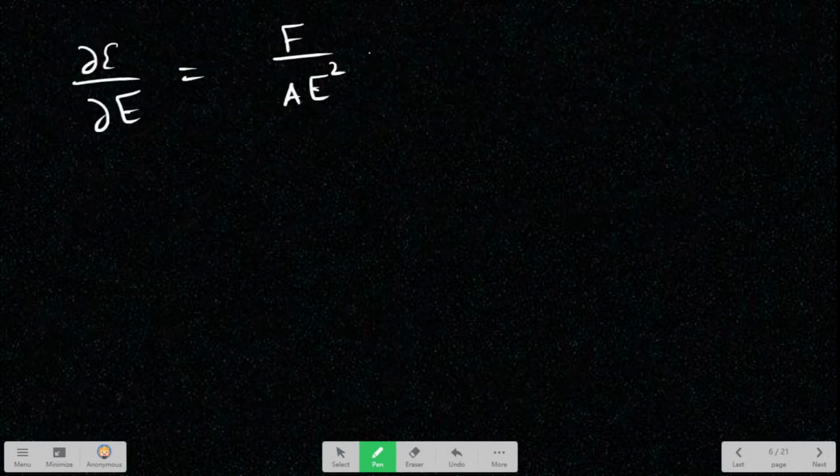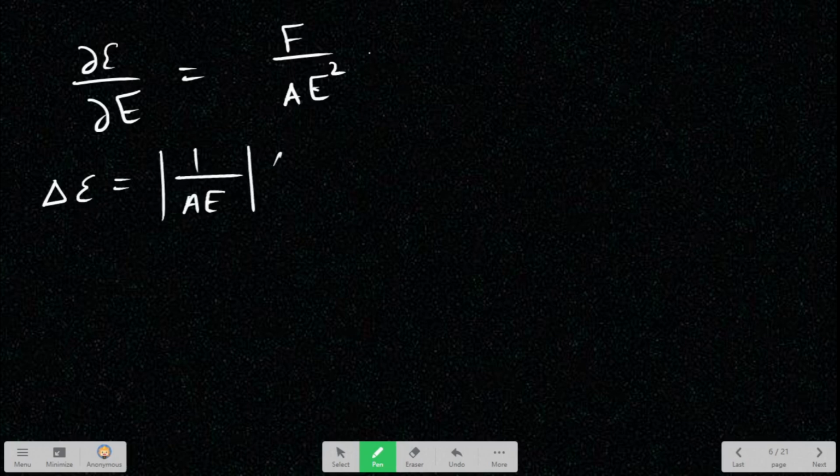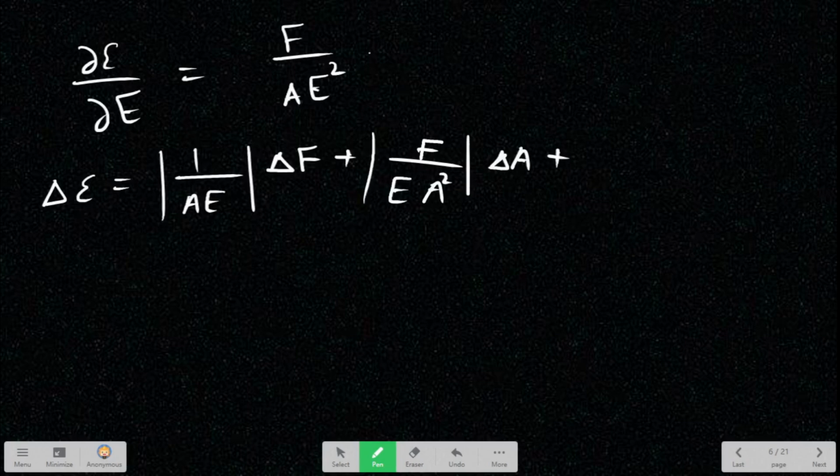Therefore delta epsilon will be equal to 1 by AE modulus into delta F plus F divided by EA square into delta A plus F divided by AE square into delta E.